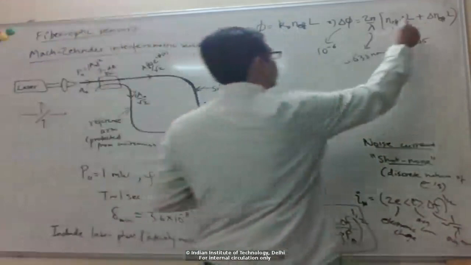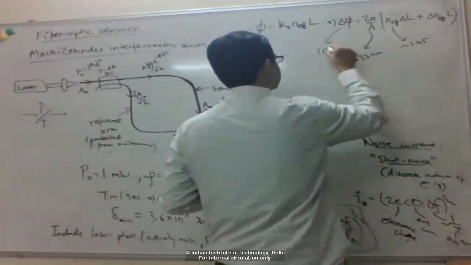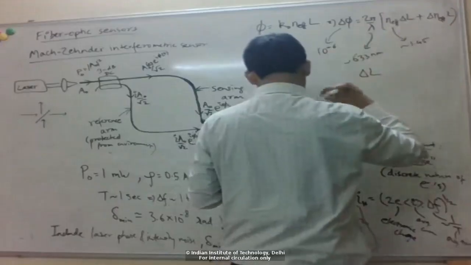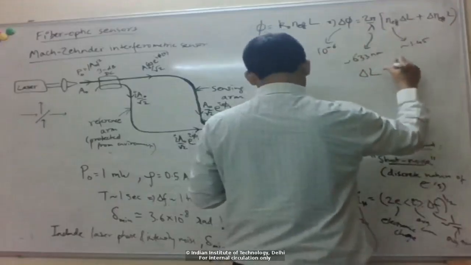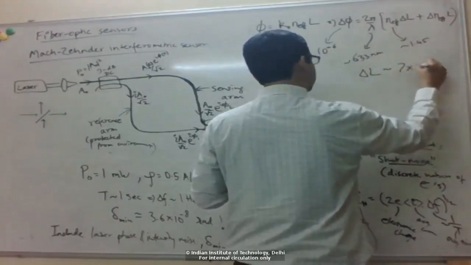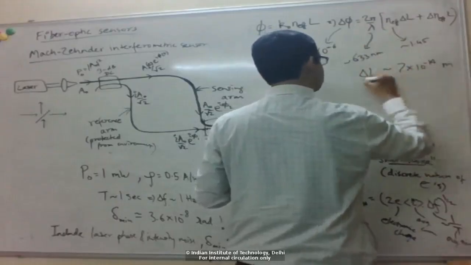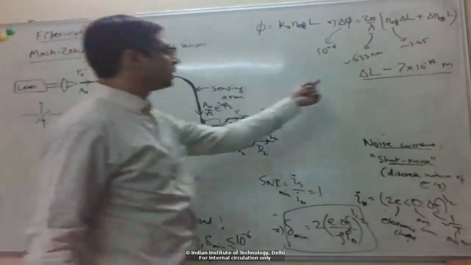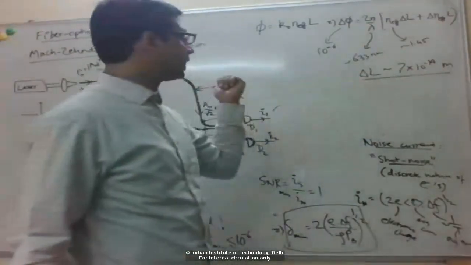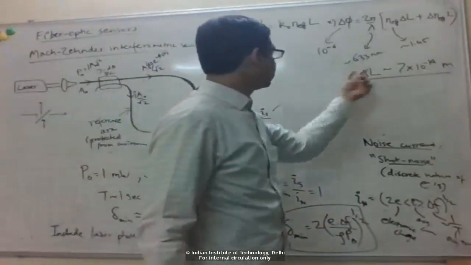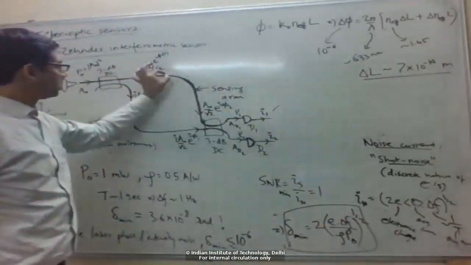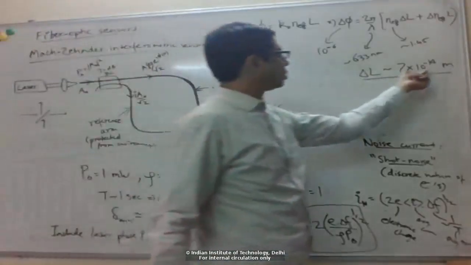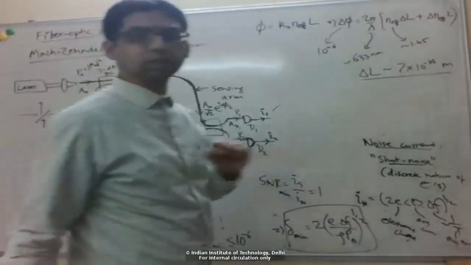From here we can get that a 10 to the minus 6 phase change corresponds to a length change of about 7 times 10 to the minus 14 meter. So you can see how sensitive this sensor is. It can detect changes in the length of fiber in one of the arms by this amount.